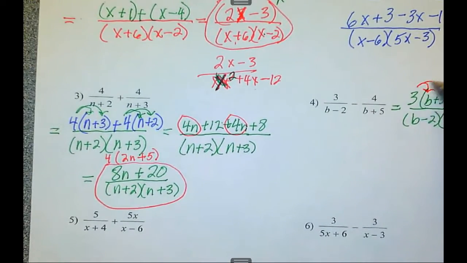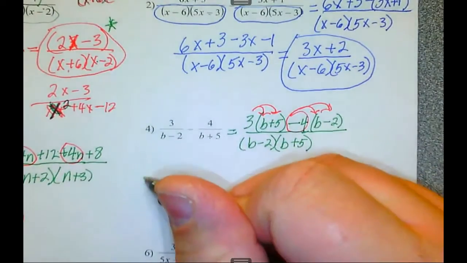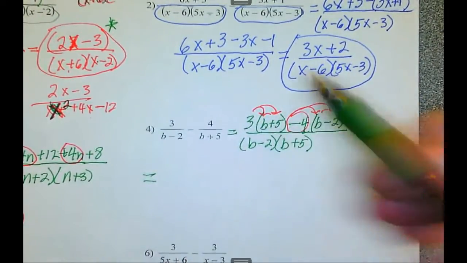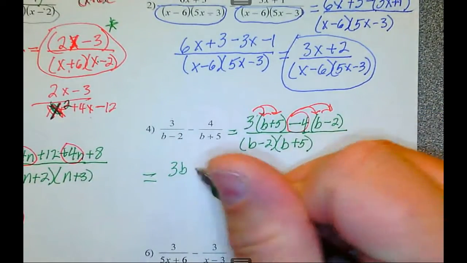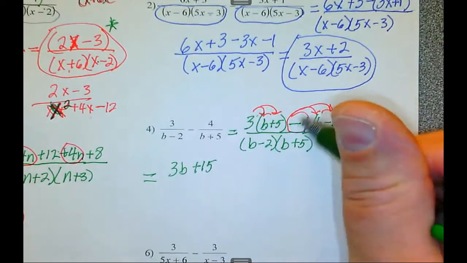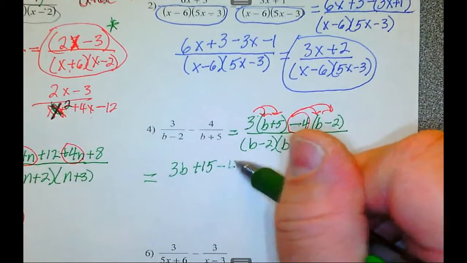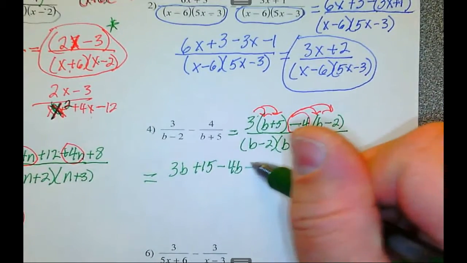Distribute, combine like terms. So I get 3 times b is 3b. 3 times 5 is plus 15. Negative 4 times b is negative 4b. Negative 4 times negative 2 is positive 8.